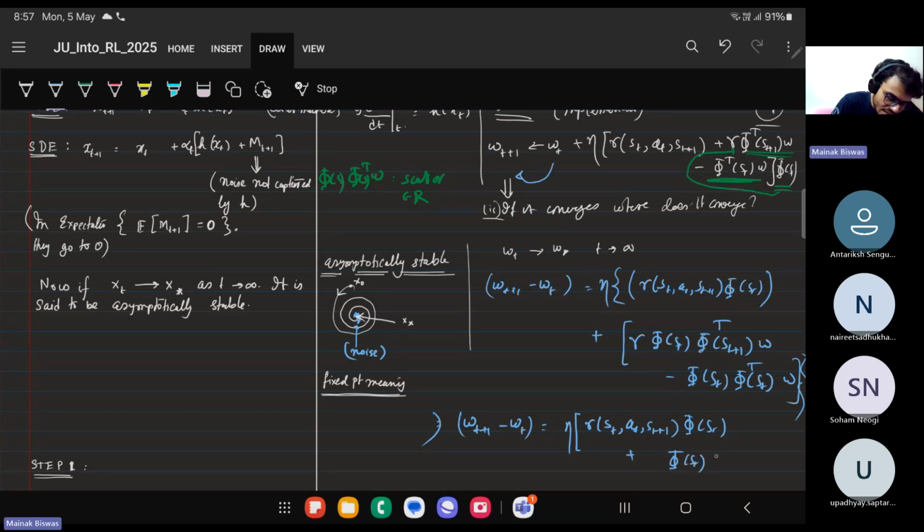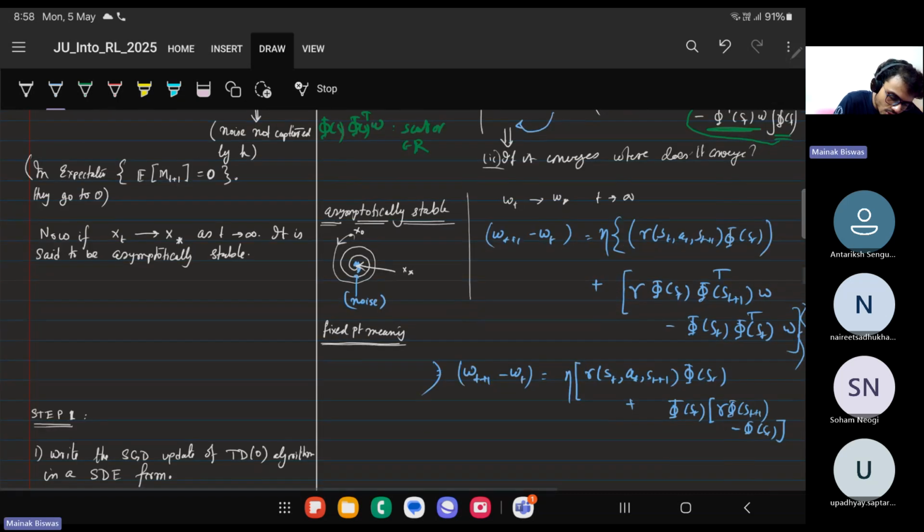And I can write this as phi of S_t times gamma times phi of S_t plus 1 minus phi of S_t, transpose W. Yes or no? I can write this. I just pulled out phi of S_t as common.